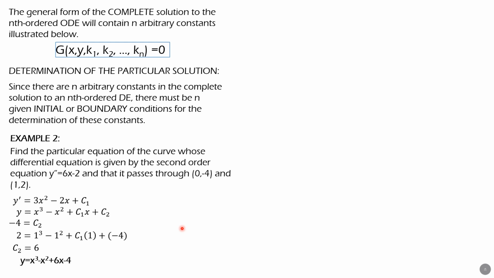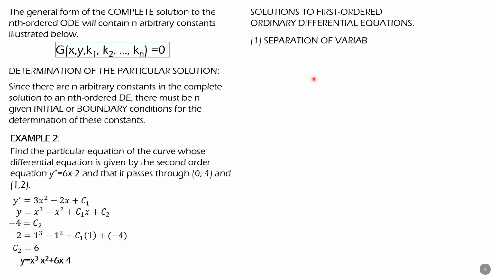Then the solutions to first order ordinary differential equations. Now there are equations where the variables can be separated. So we have this technique, separation of variables, if we can do it, because the general form of the first order ordinary differential equations may be written in one of the following ways.